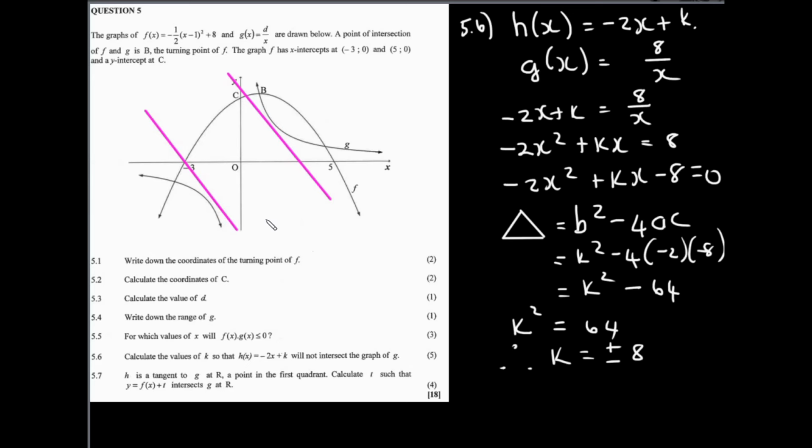And now they're saying that the value of k must be such that it does not intersect the graph of g. So now we need to look at those points where it will intersect. So what we're going to do is we're going to say, okay, well, h(x) is equal to negative 2x plus k, and g(x) is equal to 8 over x.